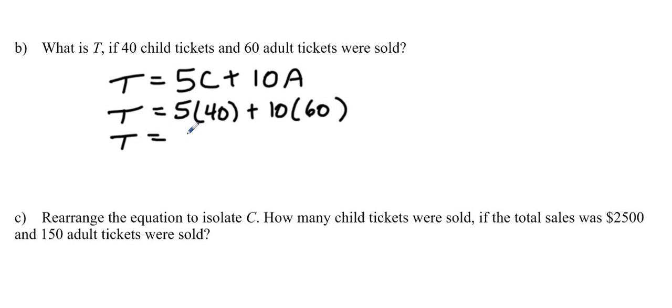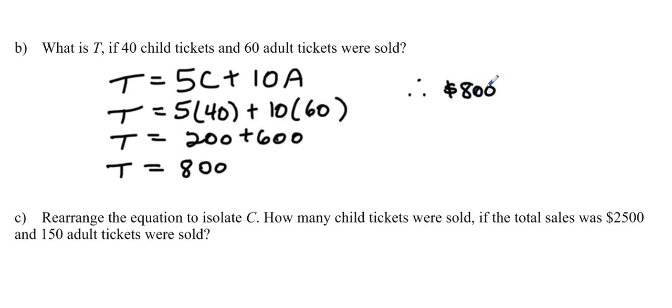So this is going to be 200 plus 600, and T would then be $800. Therefore, $800 in ticket sales.